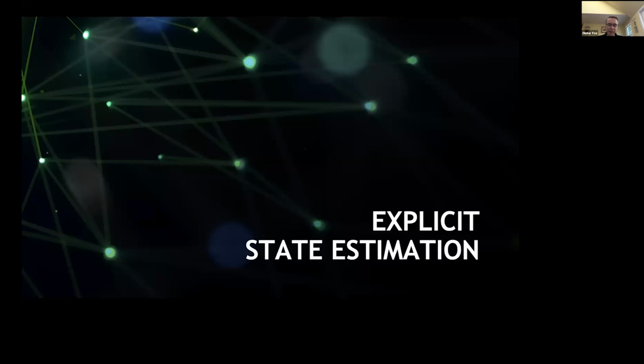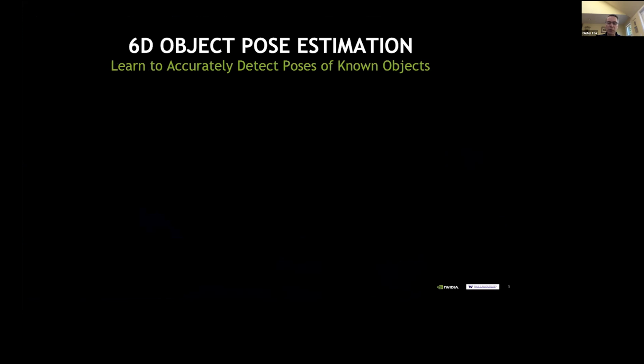And that is the one that comes most naturally to people who've been working on robotics and state estimation for a while, where the first part is really on 6D object pose estimation. We've done various techniques in that area. I'm not going to go into any details here.